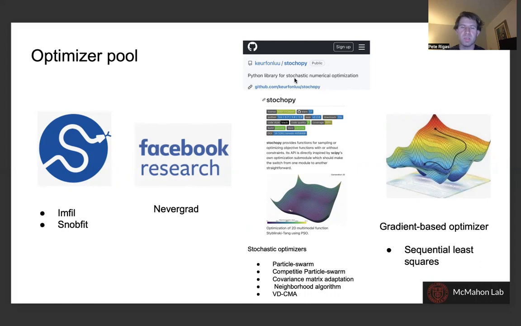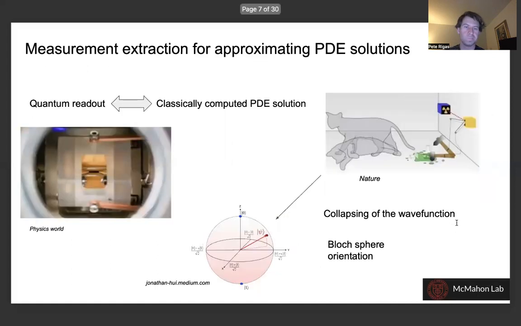And our third option is a stochastic optimizer that's provided on GitHub, in which we harness probabilistic computation for approximating the minima of a surface through potentially several generations of computation. And the stochastic optimizers that we specifically use include particle swarm, CPSO, CMA, NA, and VDCMA, in addition to a gradient-based optimizer with sequential least squares.